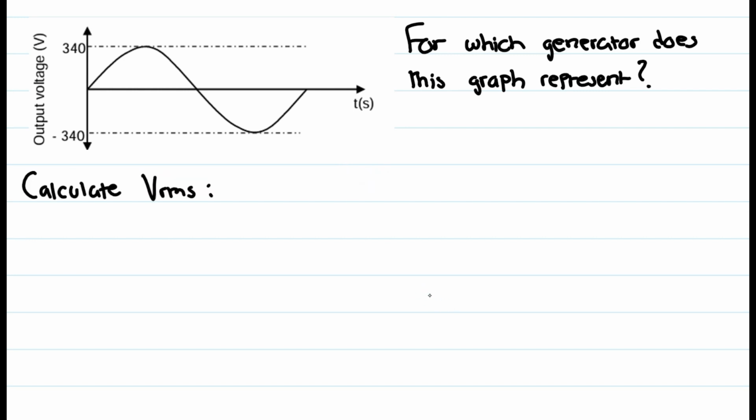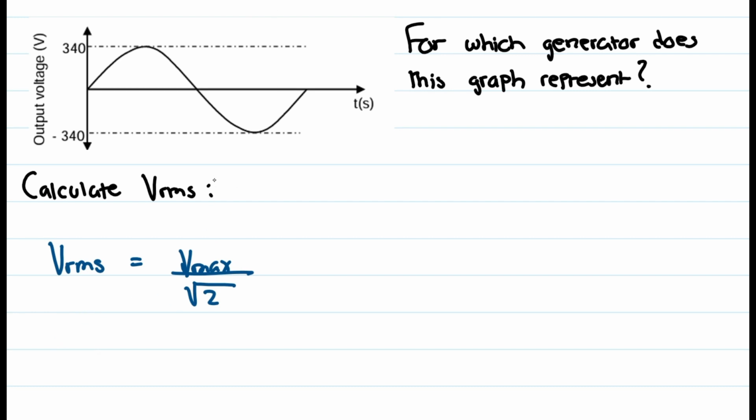Now let's try to find the Vrms, the root mean square voltage for this AC generator. Pause the video and try it yourself. Welcome back. Remember, the equation for the Vrms is equal to Vmax divided by the square root of 2.